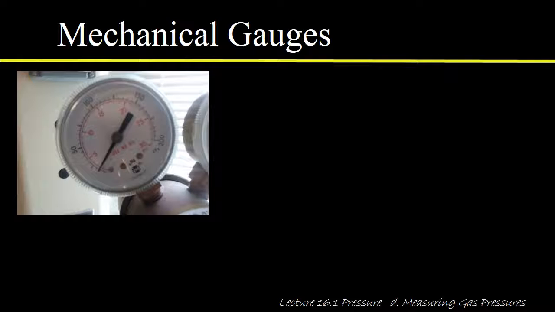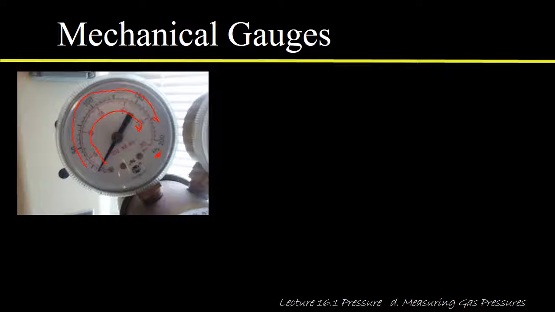Okay, so here's a typical pressure gauge. This is from a gas cylinder in the lab, and you might not be able to read it where you are, but it's got two different sets of units. On the inside here, it has pressure in psi, and on the outside, it has it in kilopascals.